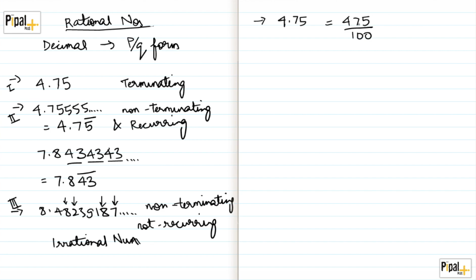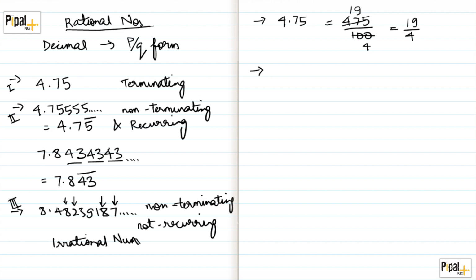So what we can do after this is cut and find all the common factors, cut them down, and we finally end up. So I guess 25 is a common factor. 25 into 19 is 475, and 25 into 4 is 100. So 19 by 4, right? So we've converted 4.75 into P over Q form. So not so difficult, right?